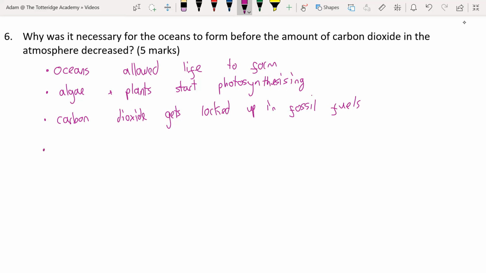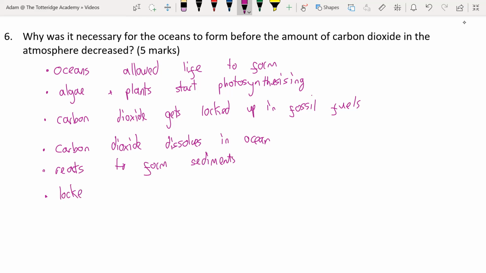And then the final one is the one we were talking about before, where we said that carbon dioxide dissolves in the ocean. So the carbon dioxide dissolves in the ocean, reacts to form sediments, and then it gets locked up in sedimentary rock.